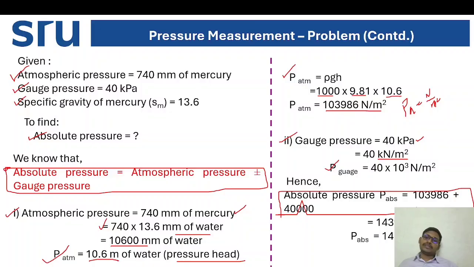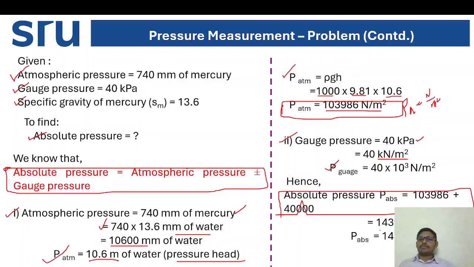Now absolute pressure equals, what is the atmospheric pressure? 103986 Newton per meter square only. We converted the gauge pressure again into Newton per meter square, that is 40 into 10 cube, equal to 40,000. So both you club, 143,986 Newton per meter square.